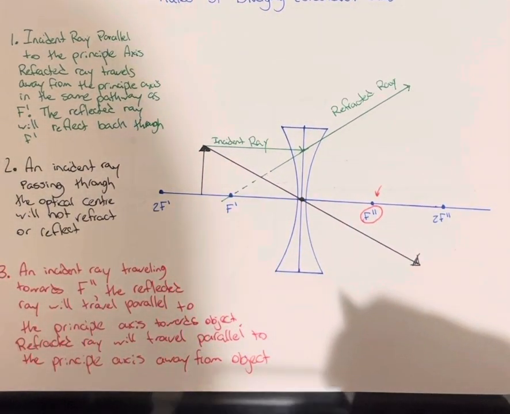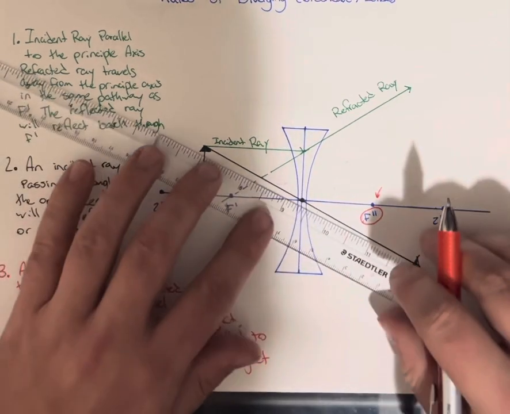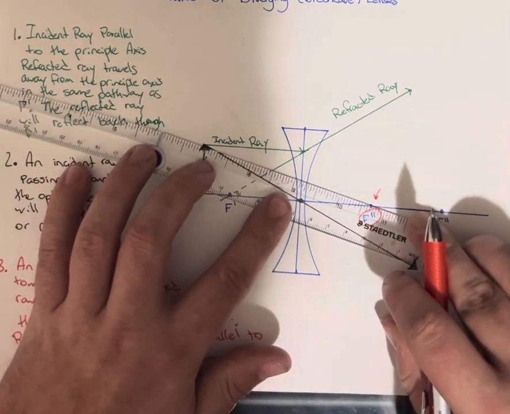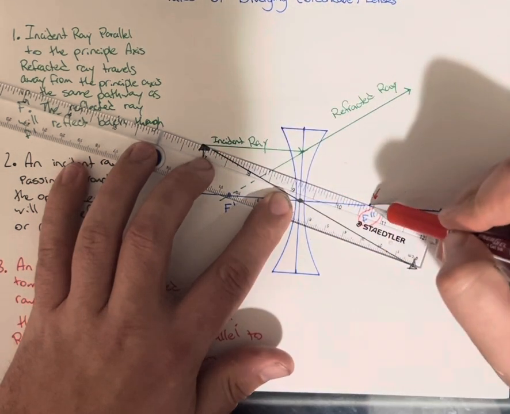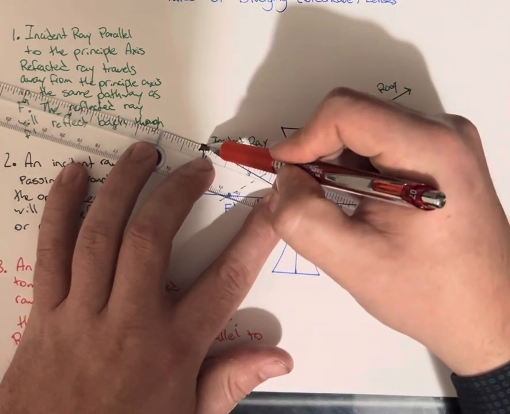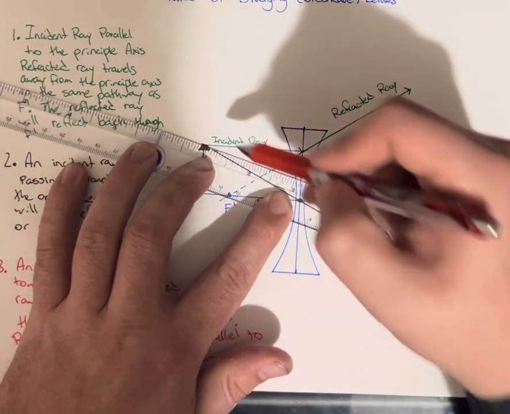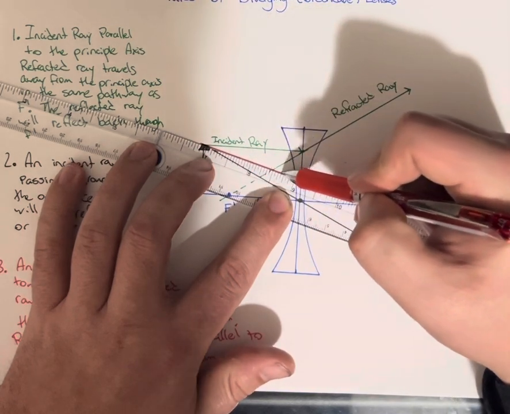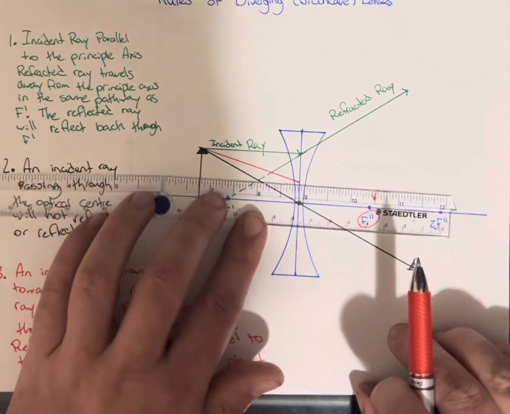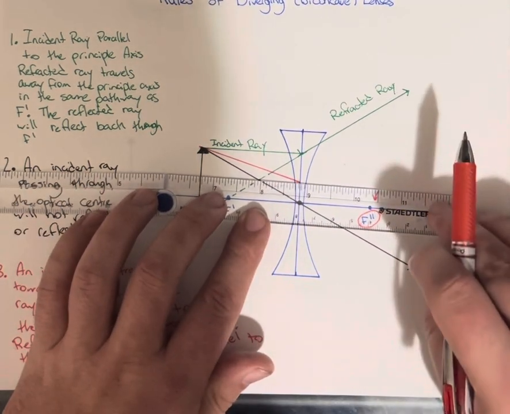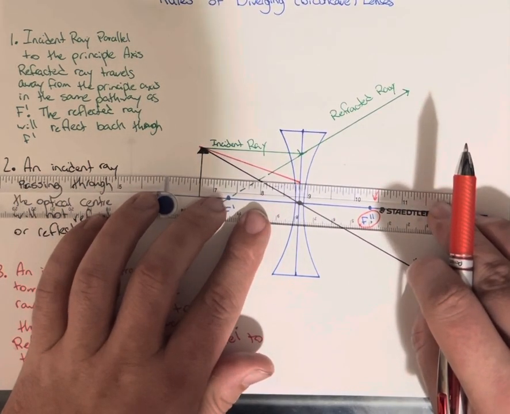And so if I am to go through that process, assuming that the original incident ray is traveling from the point of our object here and going to be traveling towards our F2 prime, we're going to stop that ray at the center of our lens, and then that individual ray is going to be both reflected and refracted.